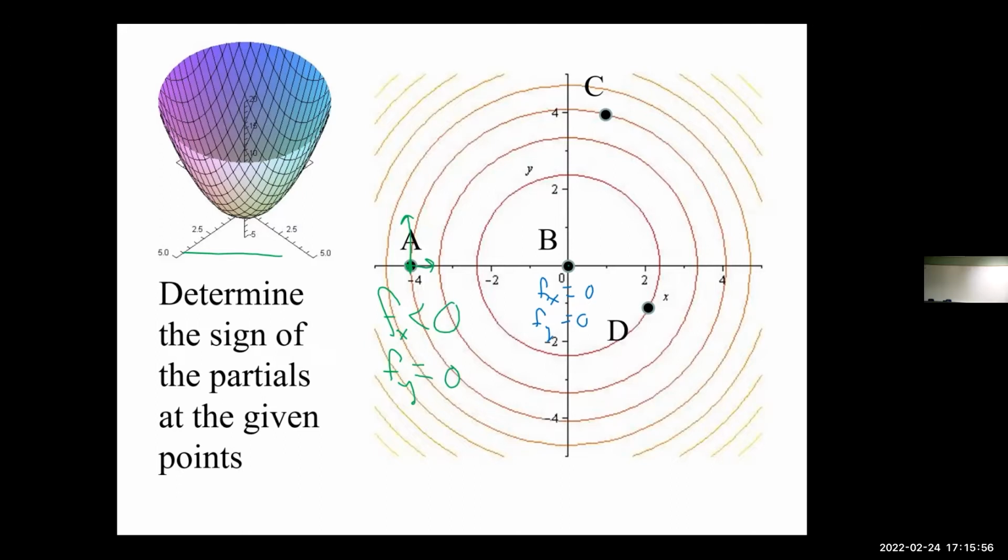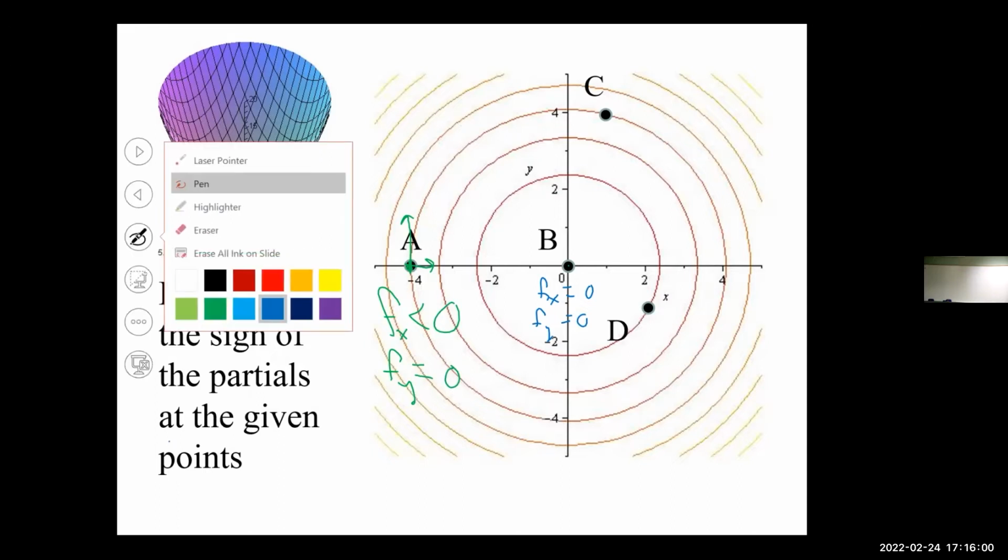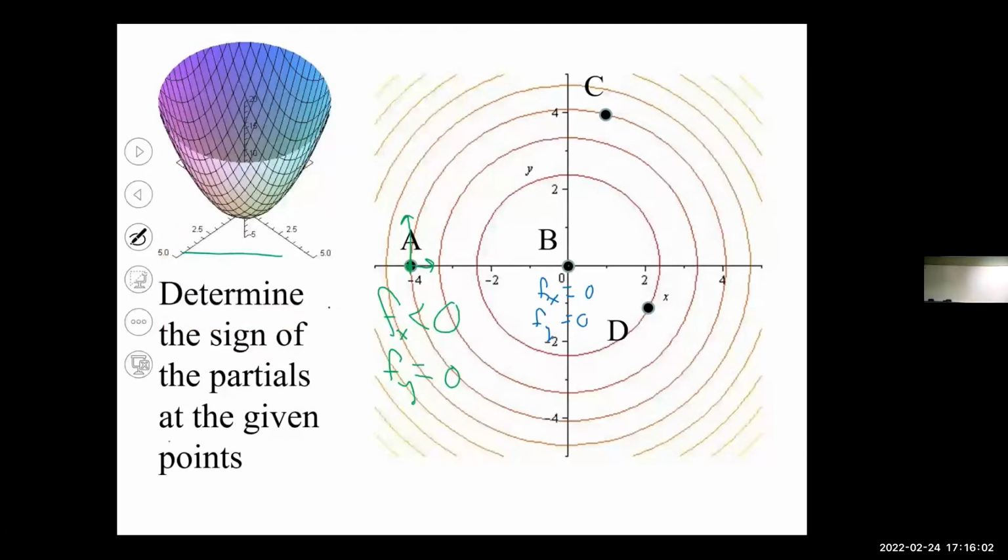So what about point C? Let's start with f sub x. That would be moving essentially in this direction, but again, we got to consider it instantaneous. Is the z value increasing, decreasing, staying the same?